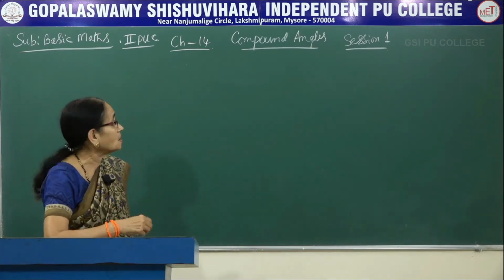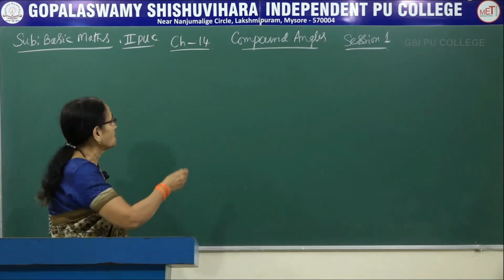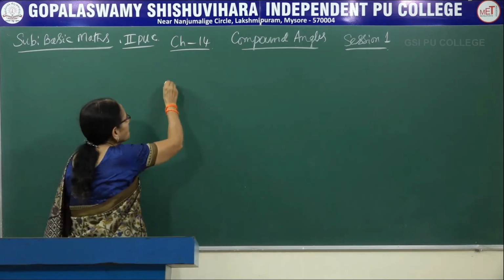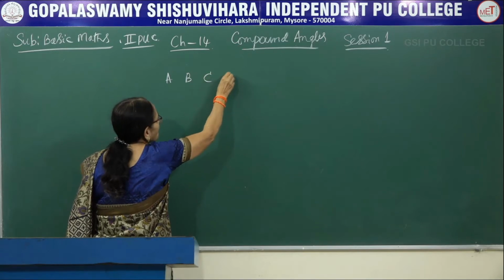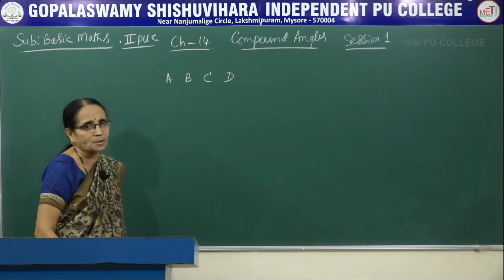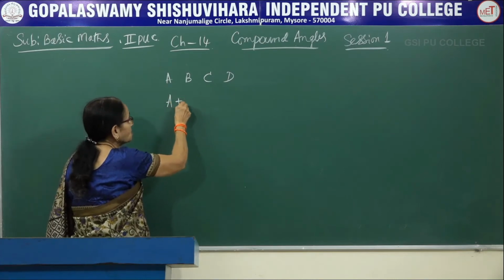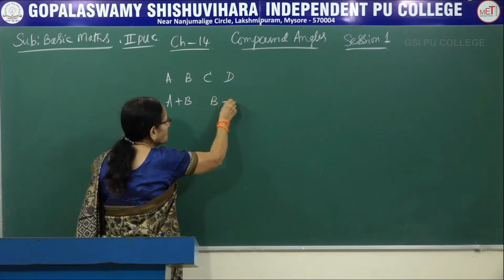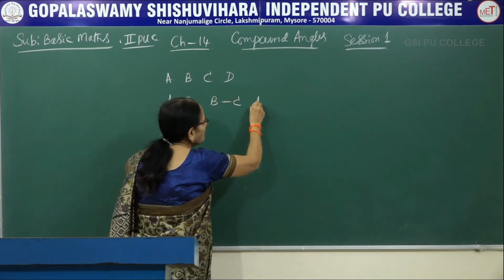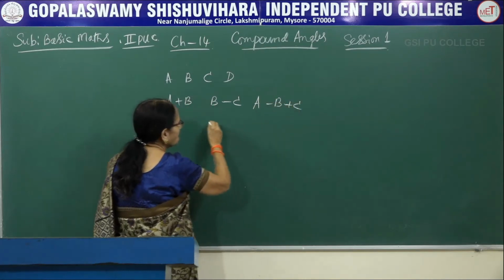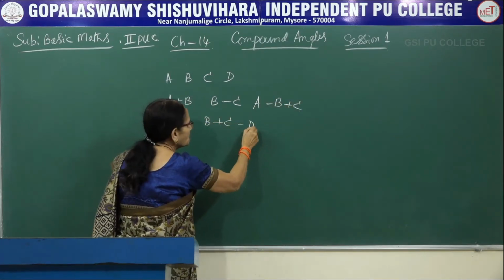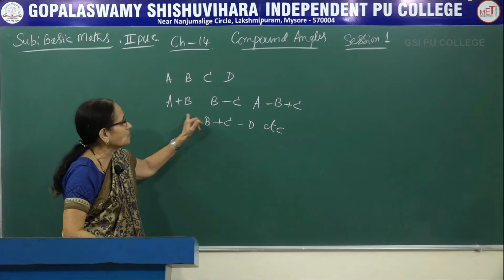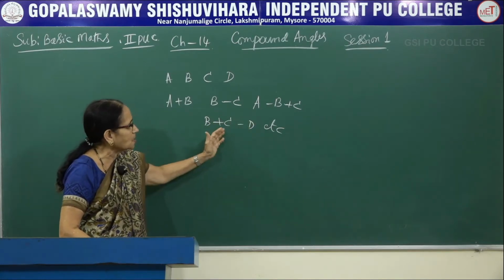Now, till now in the earlier sessions, whenever you learnt about trigonometry, we were considering only one angle, maybe theta or A or B or C, like that. Now let me take A as an angle, B is an angle, C, D, all of them are angles. Now when you add them, that is A plus B, we are adding two angles here, or it may be B minus C, or it may be A minus B plus C, or it may be B plus C minus D, etc. That is, I am combining angles, adding and subtracting.